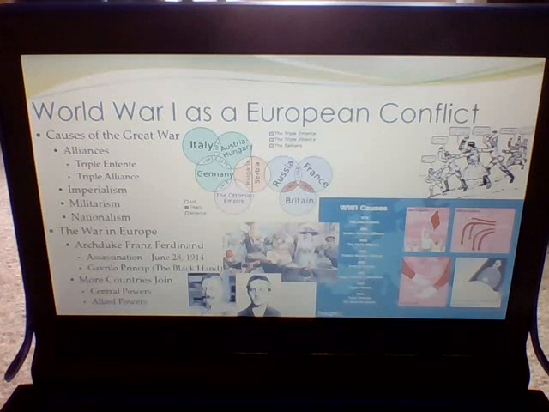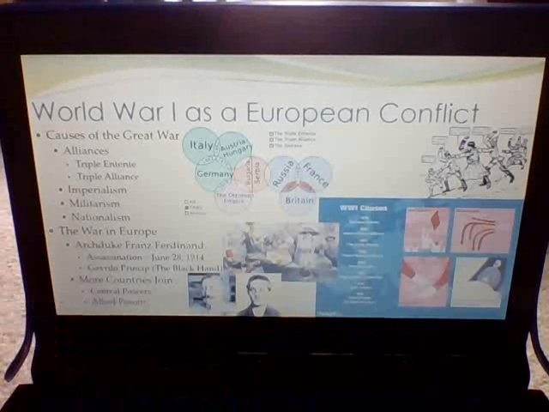So you have the alliances, which makes this more of an international affair. Imperialism drives up competition for more land, power, and markets. Militarism is growing to help protect that growing trade with imperialism and to enforce their competition. And then nationalism, the last one, also dramatically increased, especially since the unification of Germany and Italy.